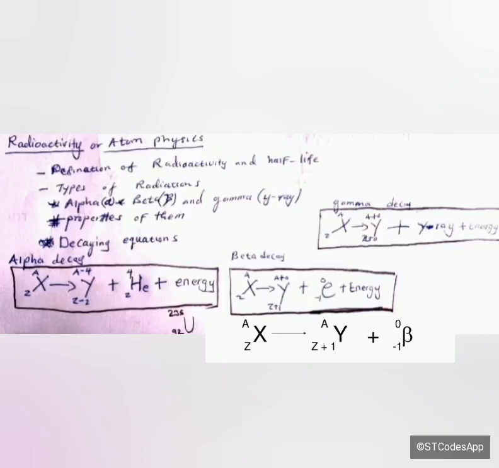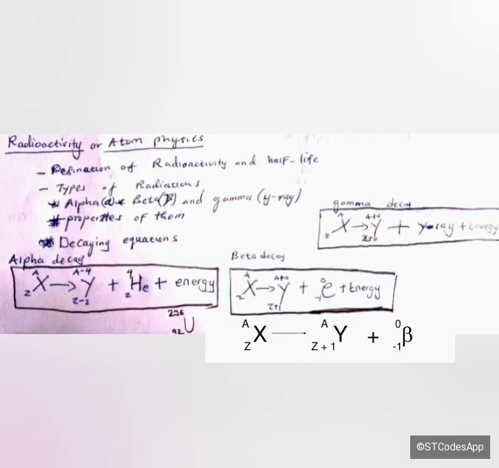On that part, you can also look at the background radiation and so on. The definition of background radiation, those things are very important. And also methods of detecting radiations, like using a GM tube.